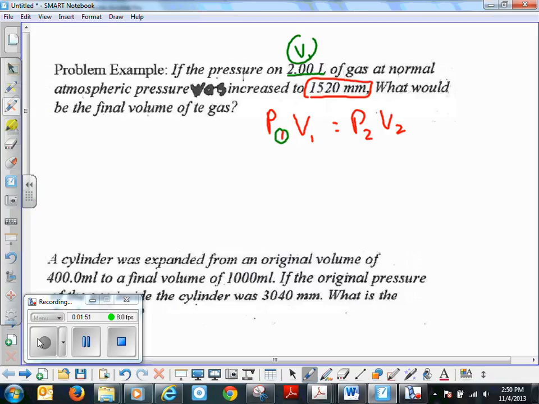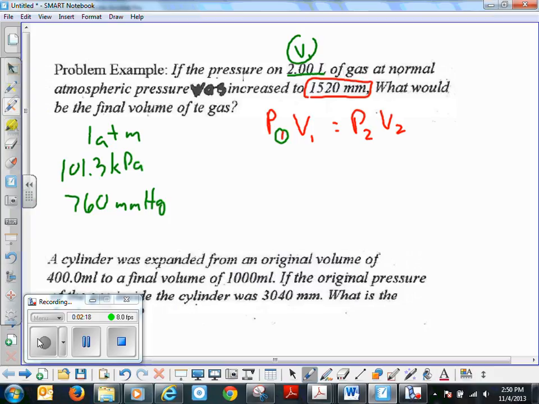So normal atmospheric pressure is either 1 atmosphere, these are the numbers we talked about, 101.3 kilopascals. Those are both the same pressure, but they're measured differently. Or 760 millimeters of mercury. So if you look at this, it says at normal atmospheric pressure.